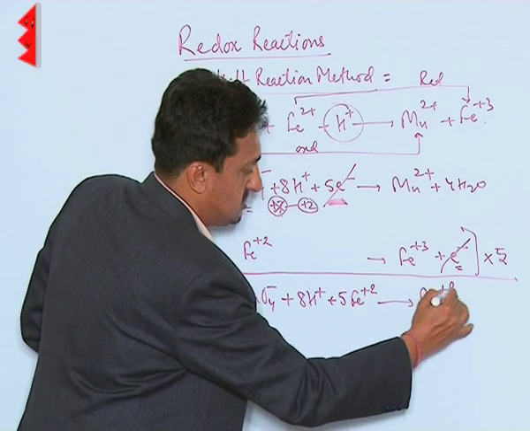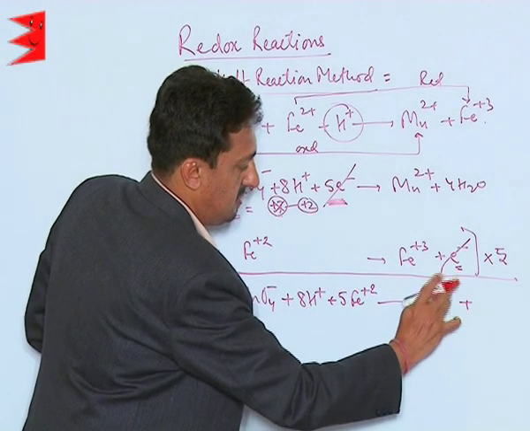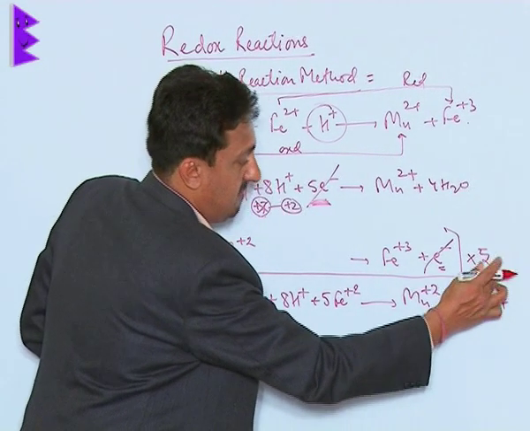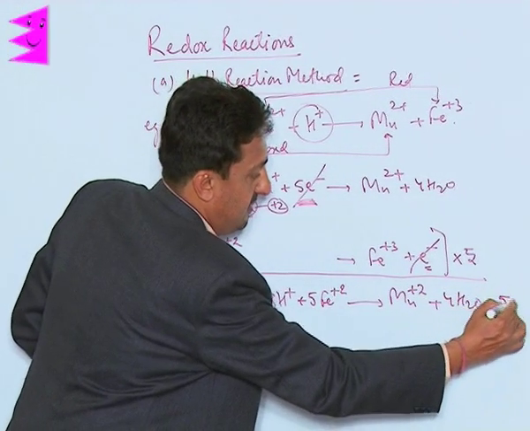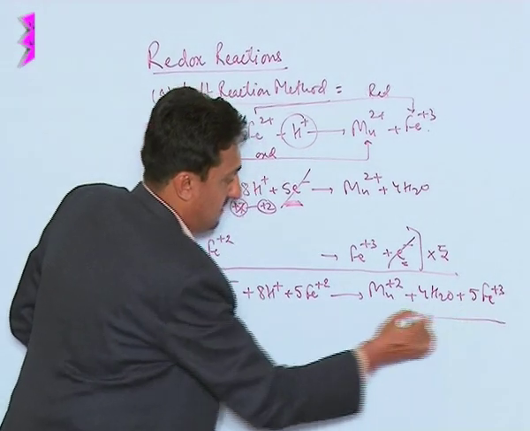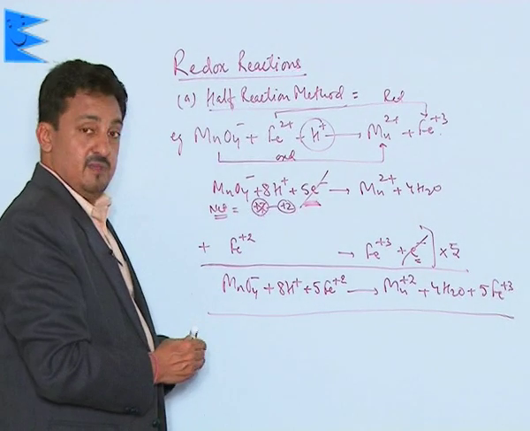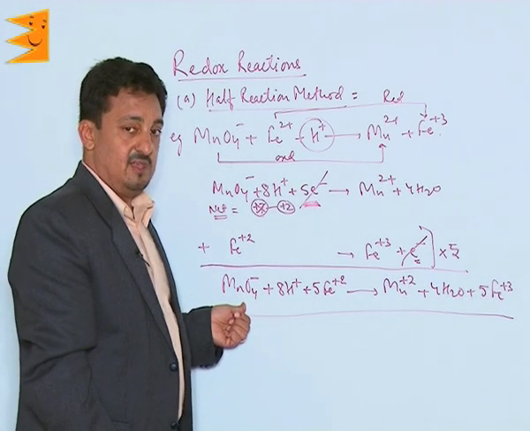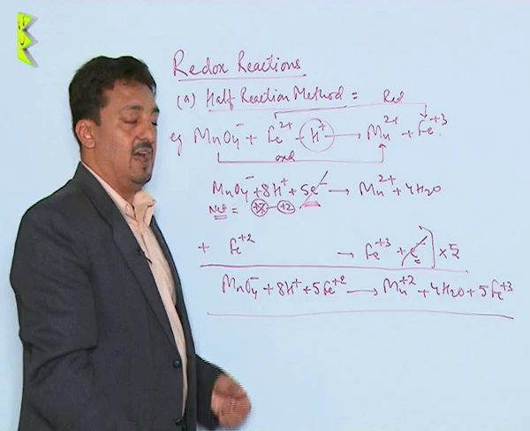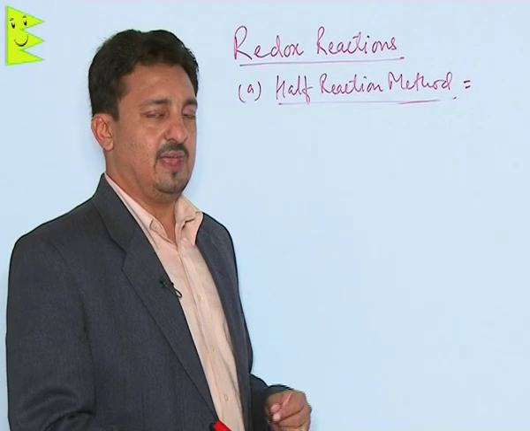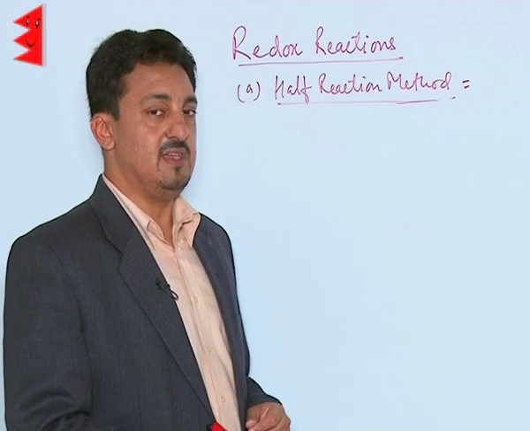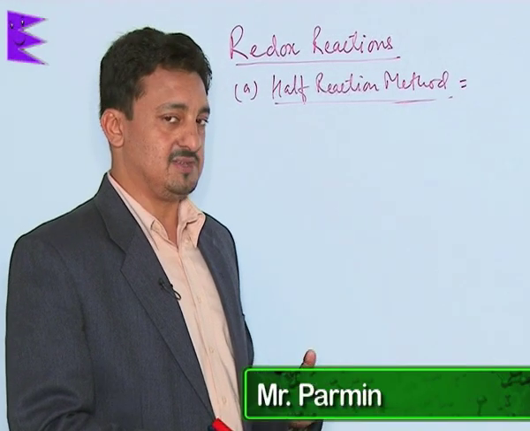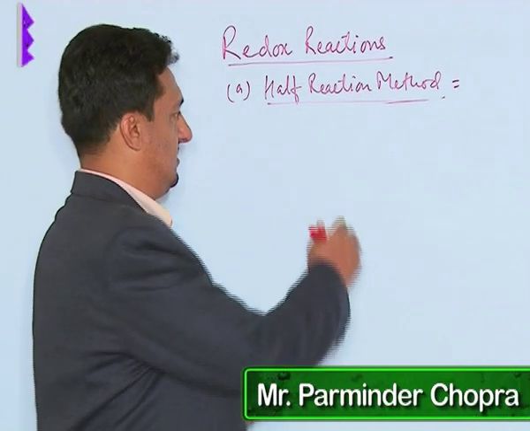Mn plus 2 plus 4 water plus 5 multiplied by this will give you 5 Fe plus 3. So this is your complete balanced equation, and this is how we can balance the ionic reactions. Let us take one more example to understand the balancing of redox reactions given in the form of ions or ionic reactions by the half reaction method.